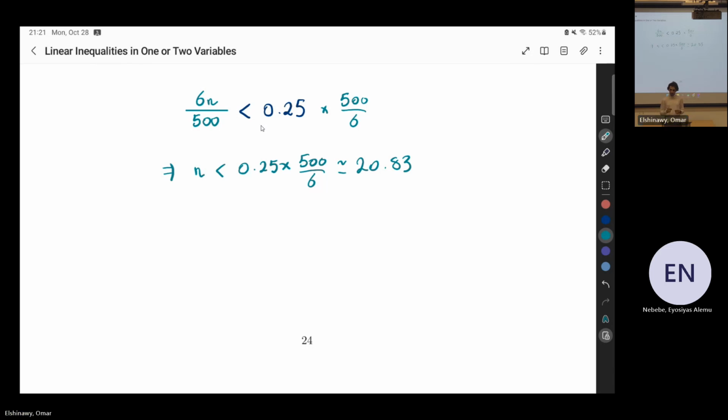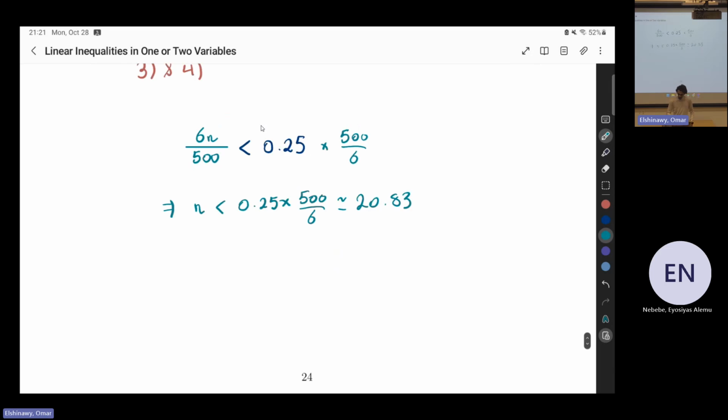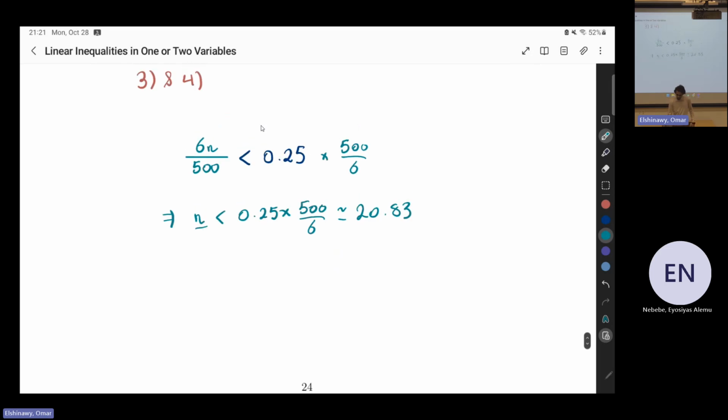If we round it up to 21, then it will exceed 125. We cannot do that. Exactly. So it's 20. Because if we plug in, n needs to be less than 20.83, so let me write this: n is an integer.